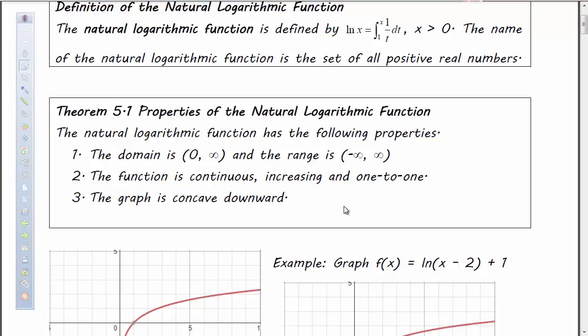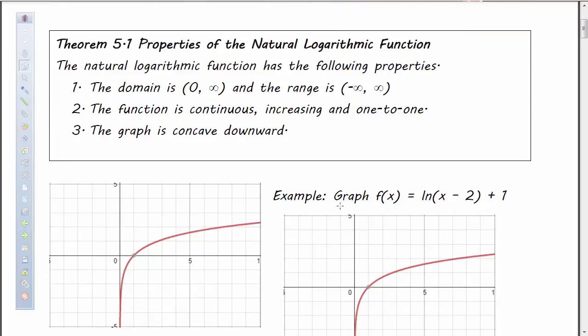An inverse, okay? In order to have an inverse that is a function, the function must be one-to-one.